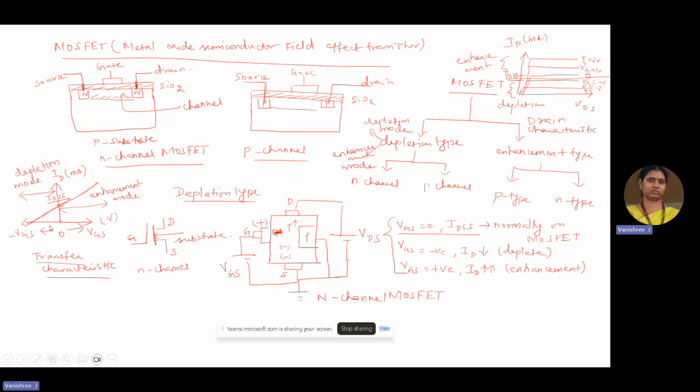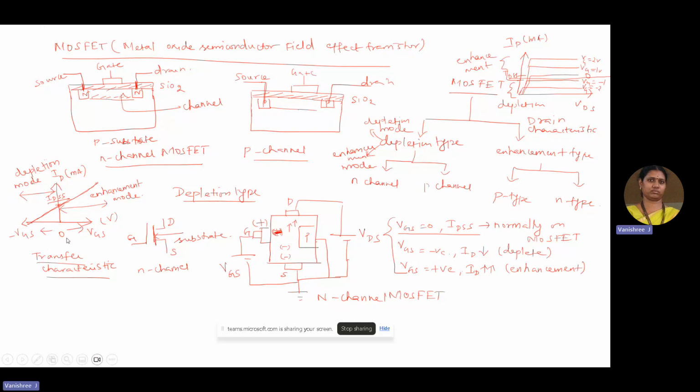Then we have seen the working principle of N-channel MOSFET and the transfer characteristics, in which we are able to observe that there is an existence of a drain source current even when the gate source voltage is 0. So that is why this depletion type MOSFET is generally called a normally on MOSFET.